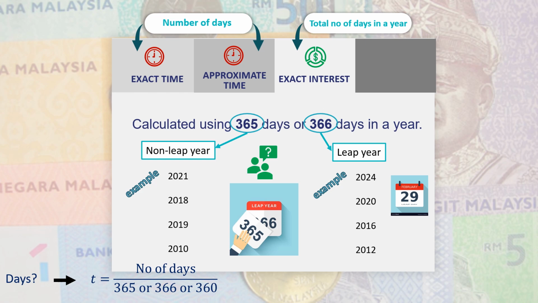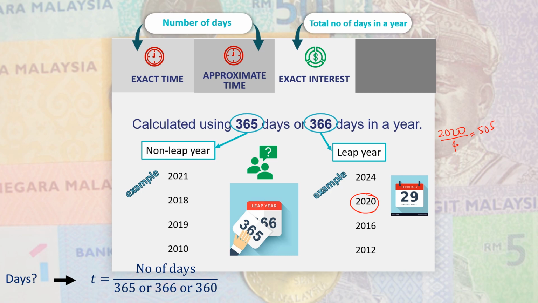For example, 2020 is a leap year since 2020 can be divided by 4, equal to 505, so there is no remainder.